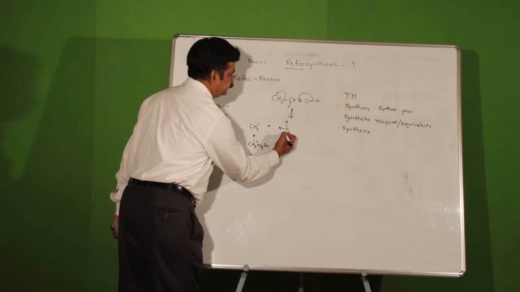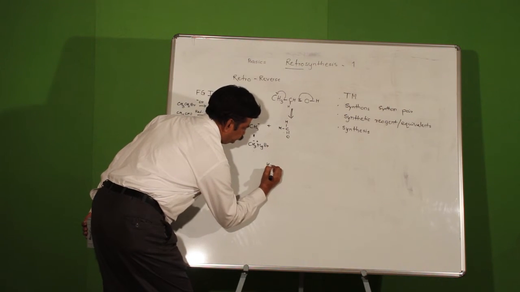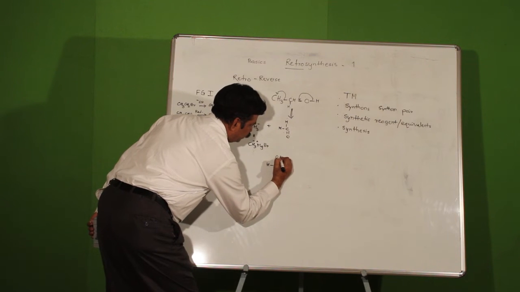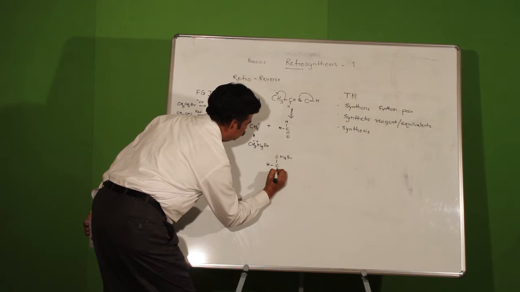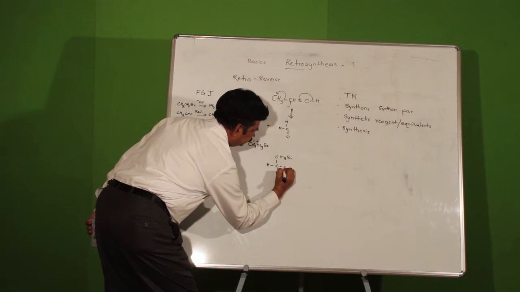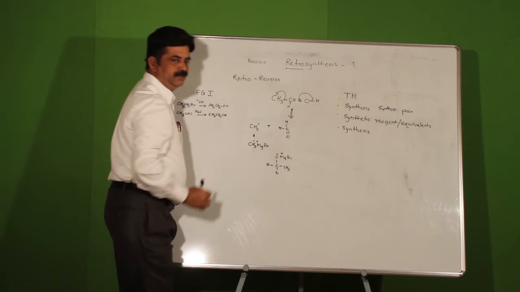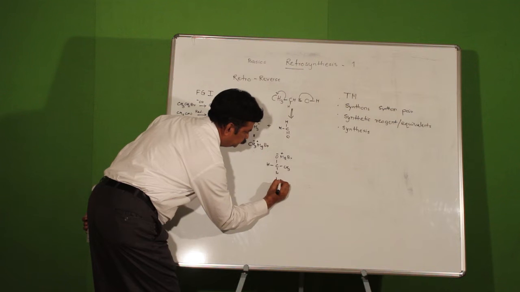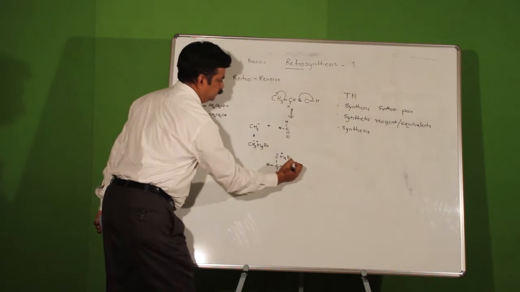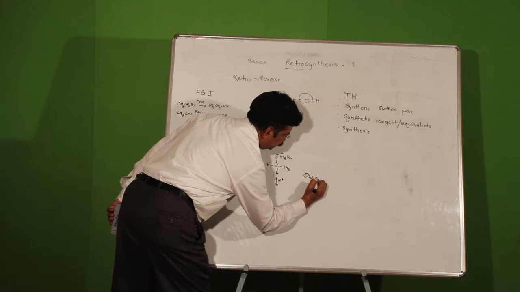When this reacts in inert atmosphere with formaldehyde, it forms CH3CH2OMgBr. This on hydrolysis gives ethanol.